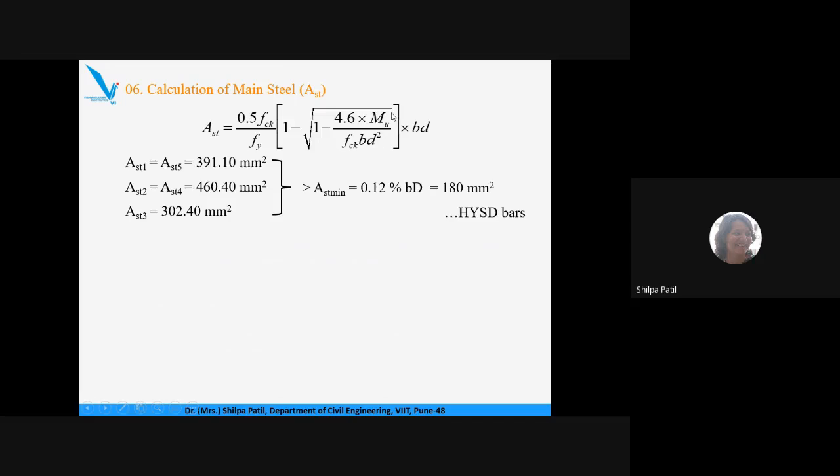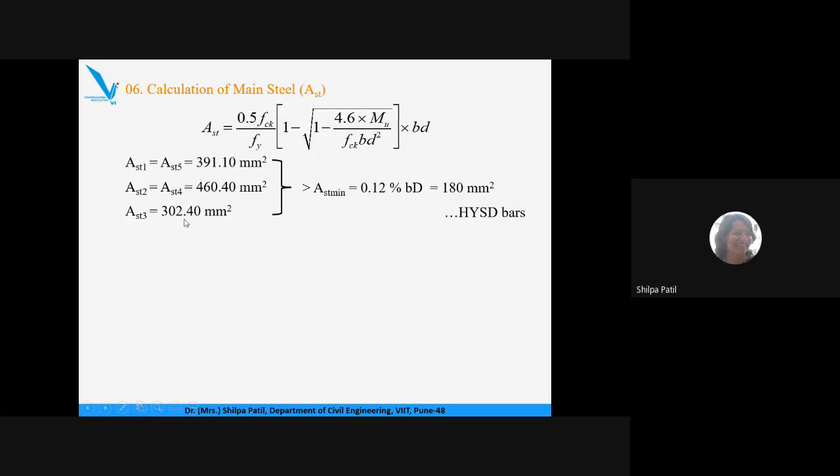And for that, the AST value is calculated, which is coming out to be 391.10. Similarly, AST2 and AST4, the moment is 18 point something. For that, the value of area is coming as 460, and AST3 is calculated for M3 value, which is coming as 302.40.